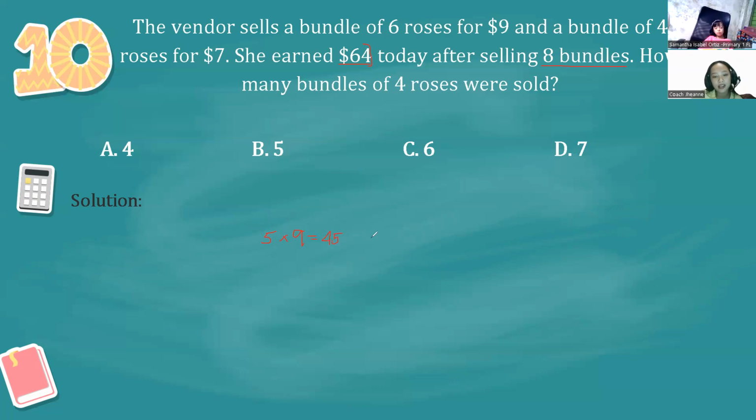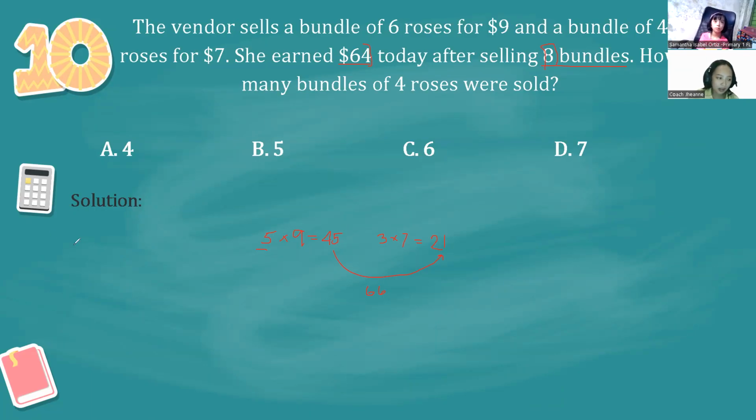However, we need three more bundles since we have 5 and she sold 8 bundles that day. So 3 times the price of a bundle of 4 roses, that is $7. That is 21. So 45 plus 21, that is 66. So it is $2 more than what she earned that day.